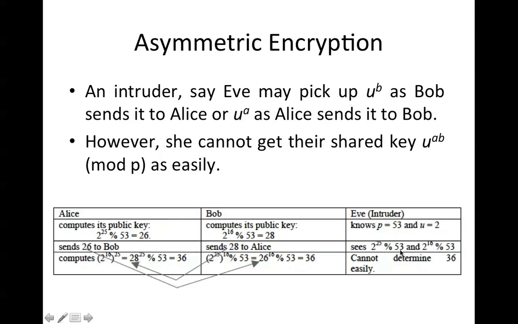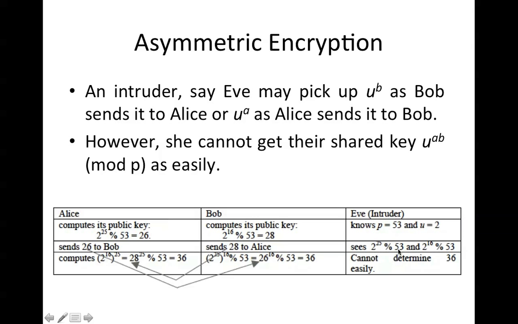If I didn't have the 53 here, then I can log this number simply to base 2 to get that number 25. The mod function creates a havoc on this powering. It's a very random distribution.